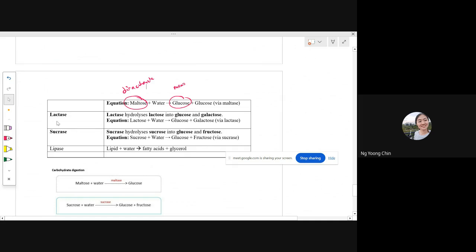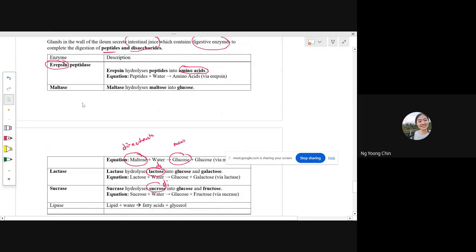And how about lactase? Lactase is a kind of enzyme that helps to break down lactose into glucose and galactose. Glucose and galactose are also monosaccharides. Lactose is also an example of a disaccharide. And also sucrase. Sucrase breaks down sucrose, which is a disaccharide, into monosaccharides, which are glucose and fructose.